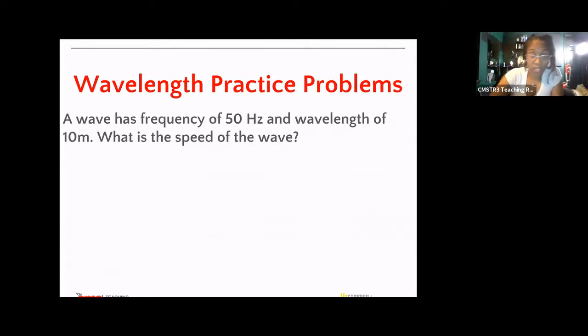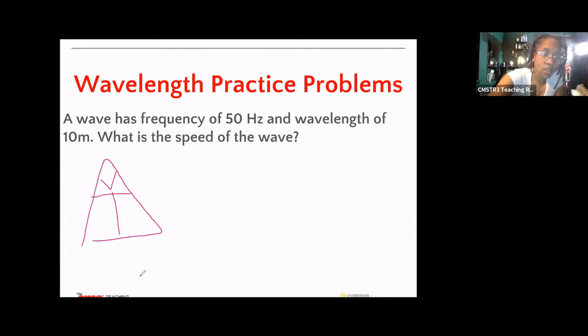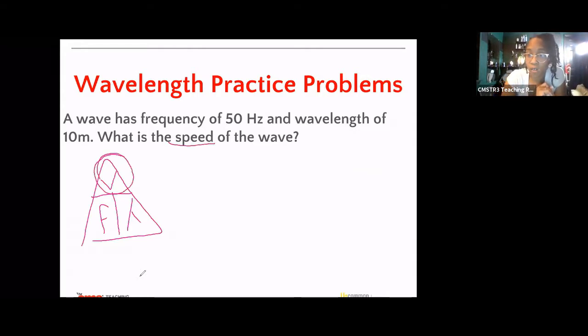What is the speed? So to remind us, our formula, V or C can be your speed, and then we have frequency and wavelength represented by the lambda. It's asking me for speed, which means I'm trying to find the top part.